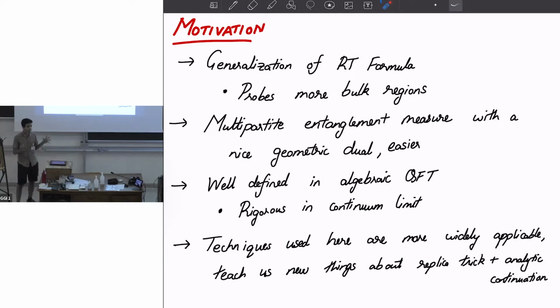The replica trick is a difficult thing in general, and it's hard to deal with except in simple situations. And so hopefully this teaches us some new things about analytic continuation and subtleties that can arise in the replica trick, which could have lessons in general for AdS/CFT. So that's broadly my motivation.